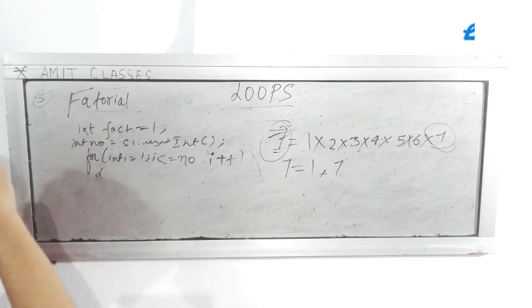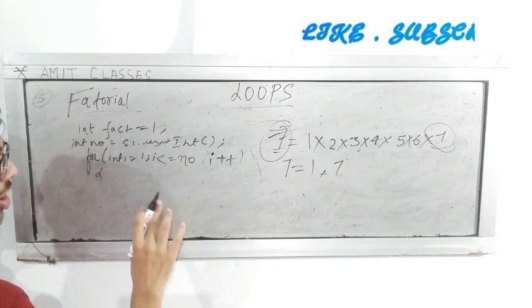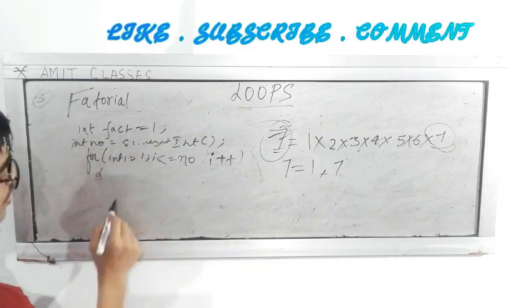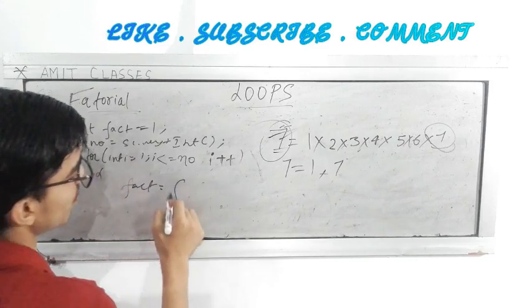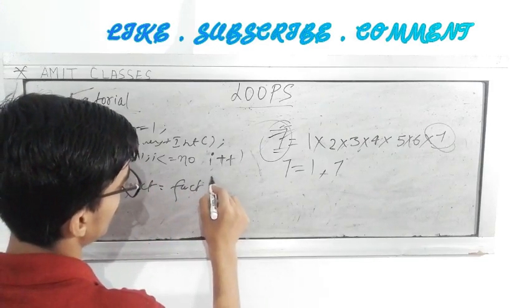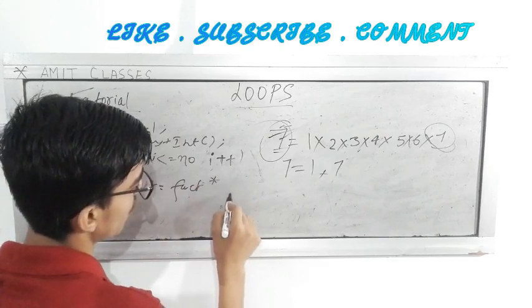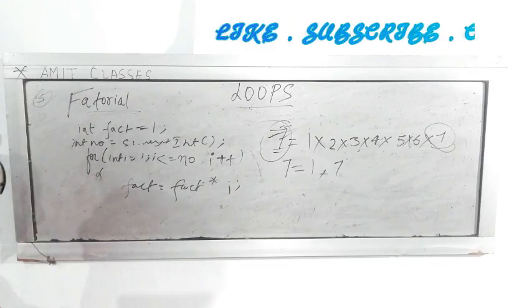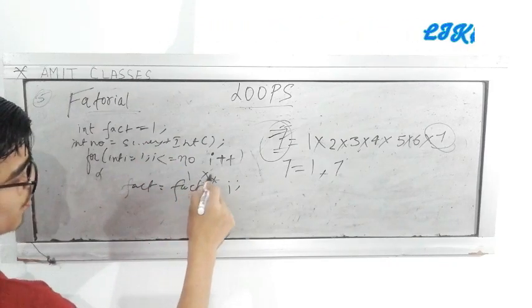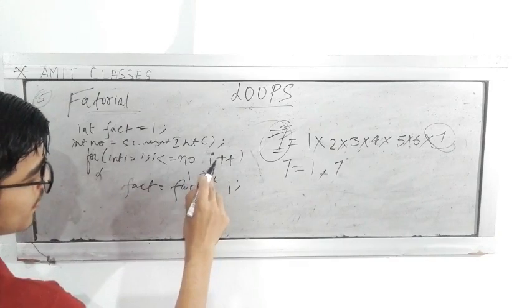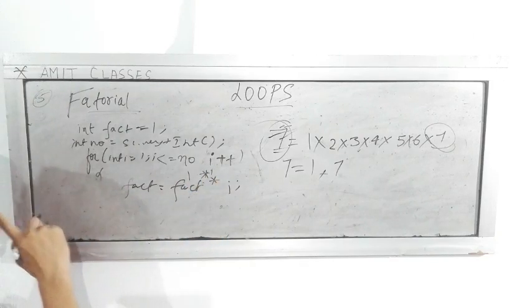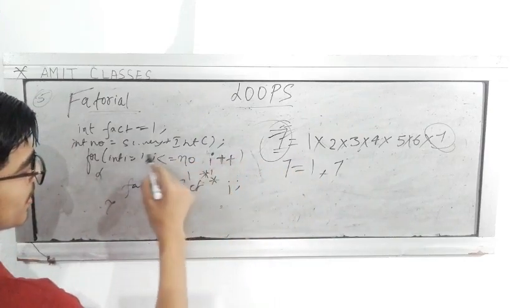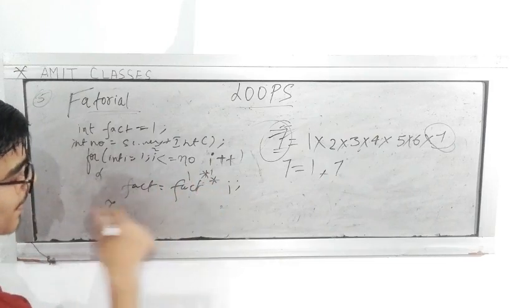Here we just need the logic of what to write where. Fact is equal to 1. Now fact is equal to fact into I. Fact is 1, so 1 into 1 is equal to 1. Then I will be plus plus, so it becomes 2, and 2 is less than no, yes.